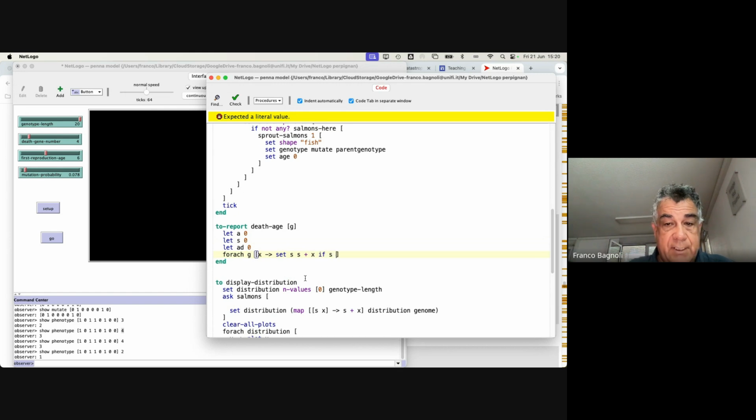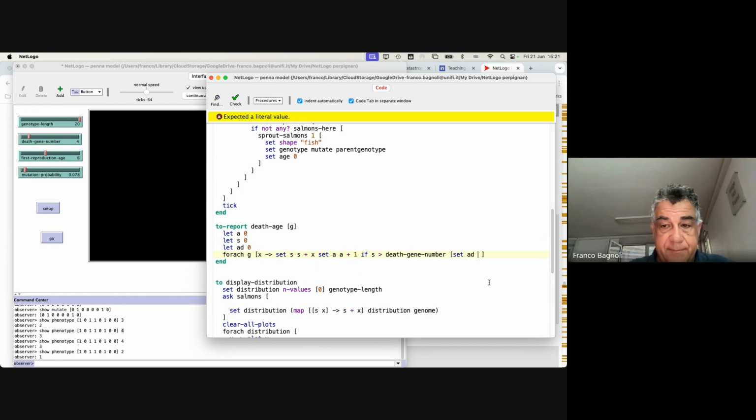If s greater than that gene number, set a plus 1.